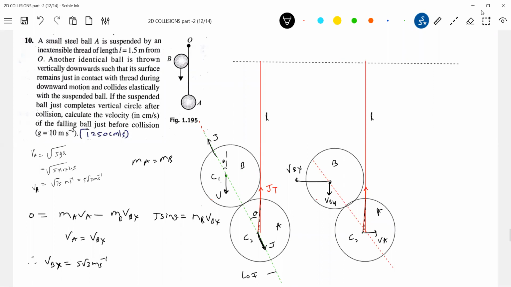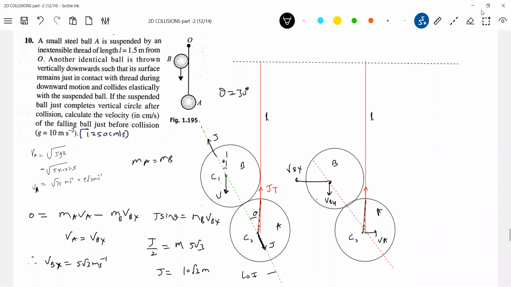From this, I know theta. Theta should be 2R by R... theta should be 30 degrees. Am I right? Yes, sir. Theta is 30 degrees. So J by 2 equals M 5 root 3. So J is equal to 10 root 3 M.